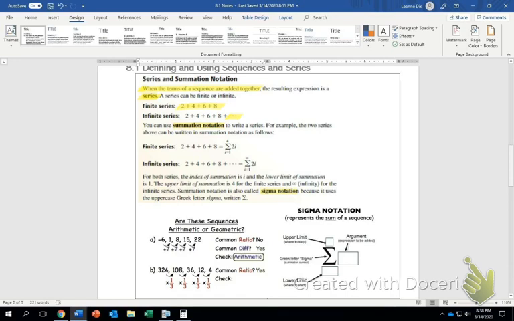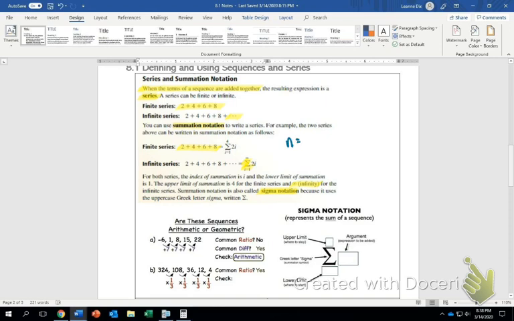You can write it in summation notation, which is just when you write everything out like this, or you can write it in sigma notation, which is when it has the Greek letter sigma. If it's infinite, in the sigma, you're going to have the infinity symbol. So I just wanted to point that out to you really fast. And just maybe off to the side, write your upper limit, which I'll explain in a second.